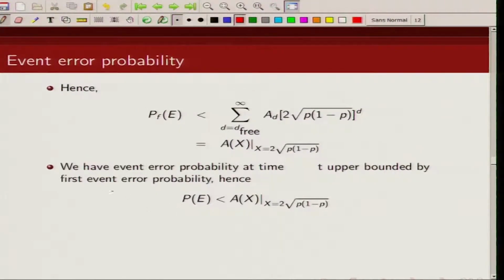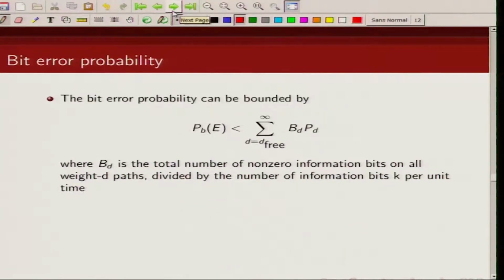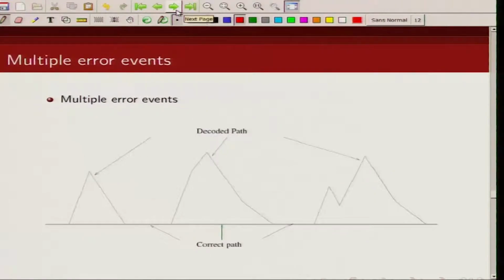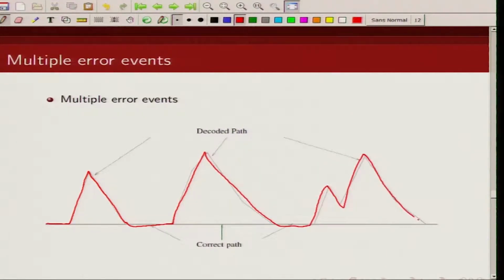Now, what sorts of error events can happen? So, let us just spend some time on that. What type of error events can happen? So, of course, you can have a scenario where you have multiple error events. So, you diverged from all 0 state, you merged back, then you again diverged, you merged back, you diverged, you merged back. This can happen.